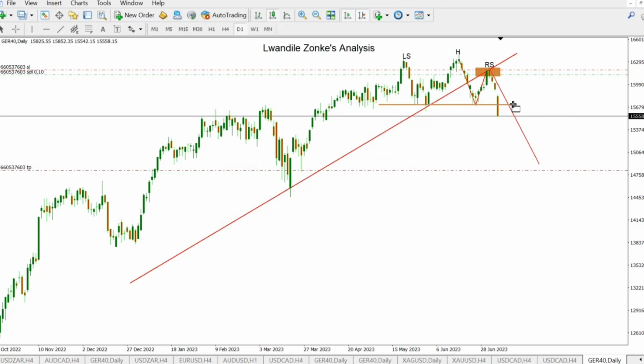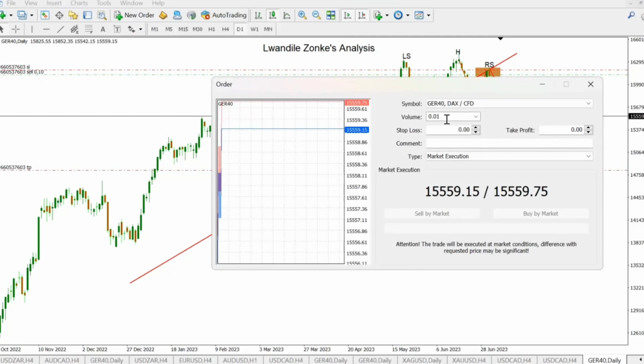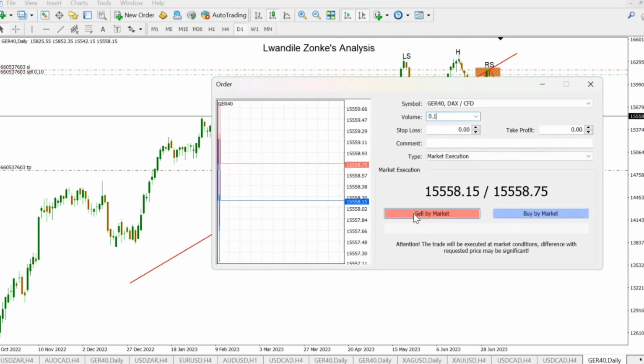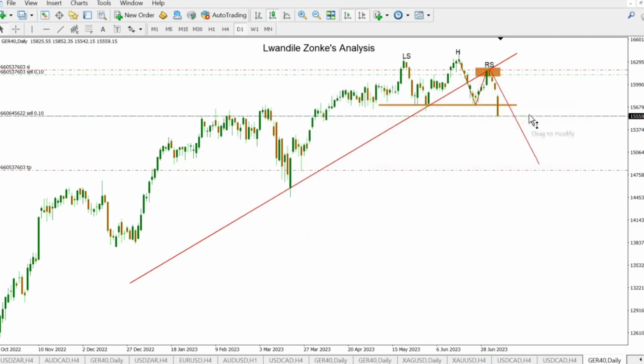This was my neckline. So the market has now broken my neckline, which means that I can now scale in with a second entry. Because I was waiting for a neckline break to scale in with the second entry. So right now I'm just going to enter my second entry, scaling in.